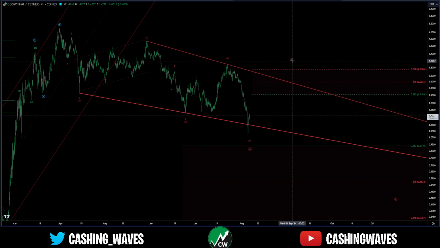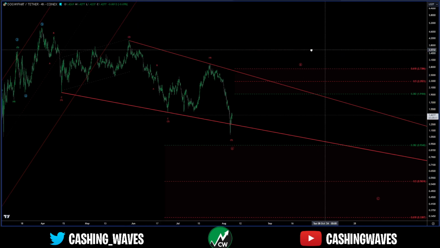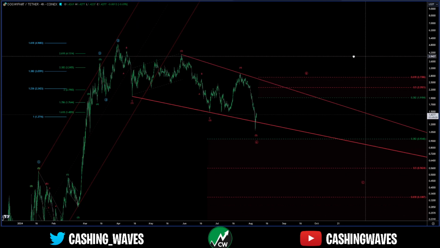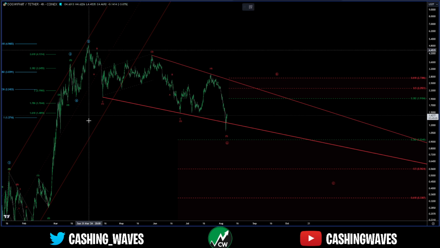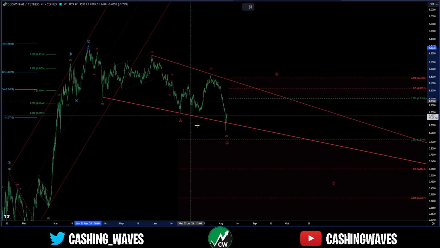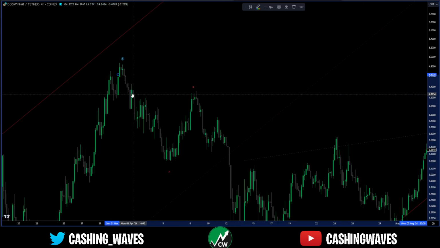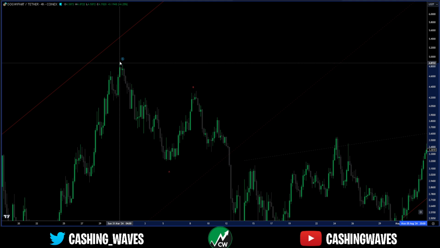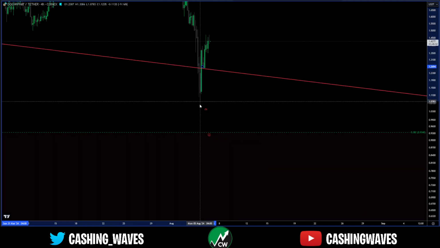Ideally, we come between the 50 and the 618, but I'm just throwing on the 382. We could eat up some time here as well. Usually B waves don't have a time limit, but I do want to at least gauge around the 618 to the 1-to-1. See where that puts us.